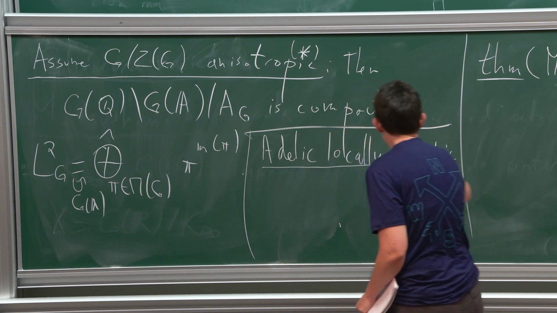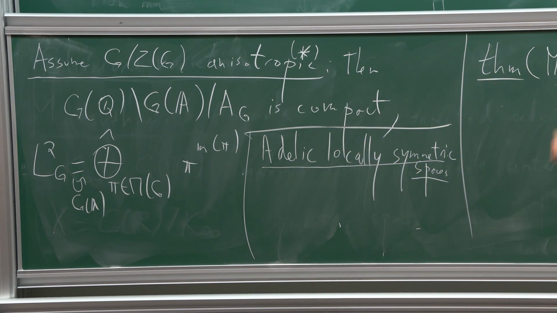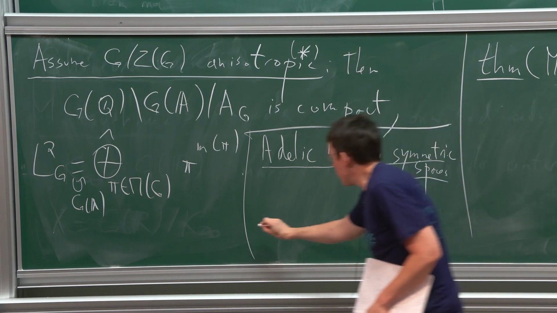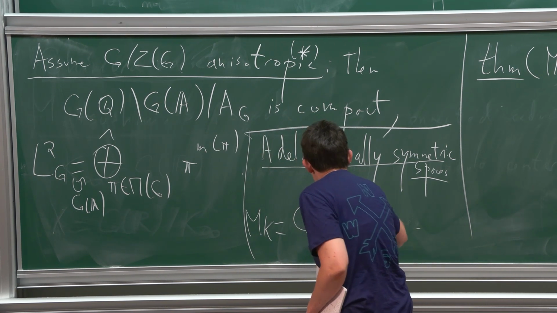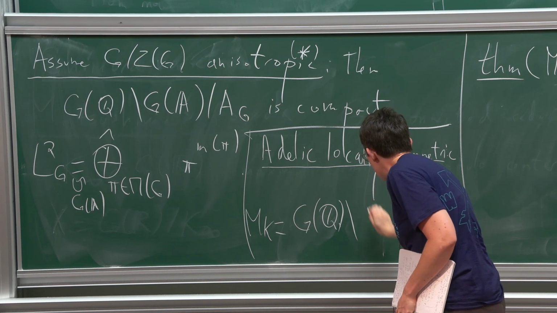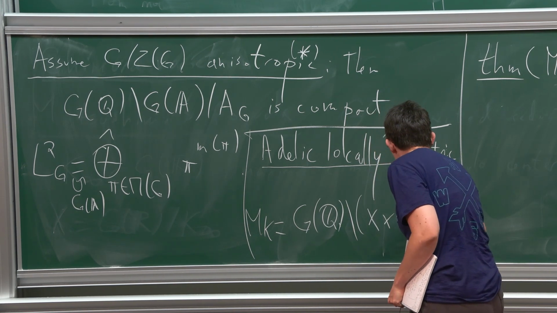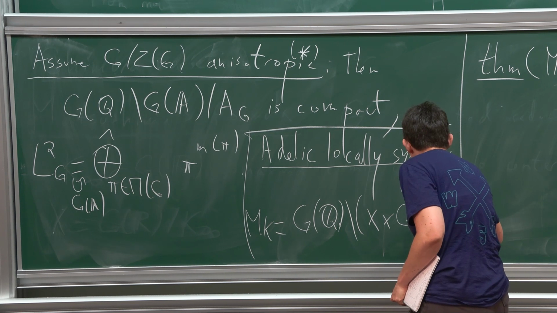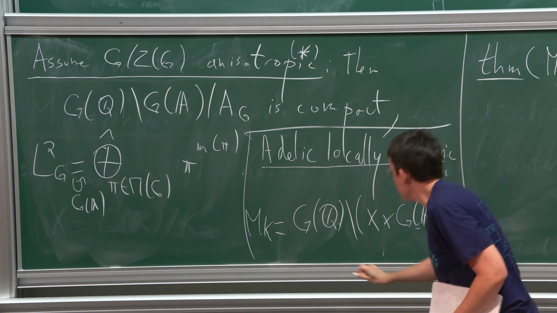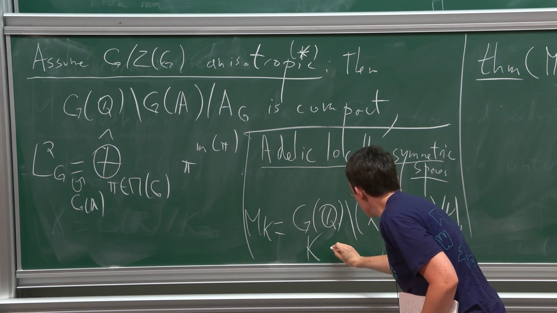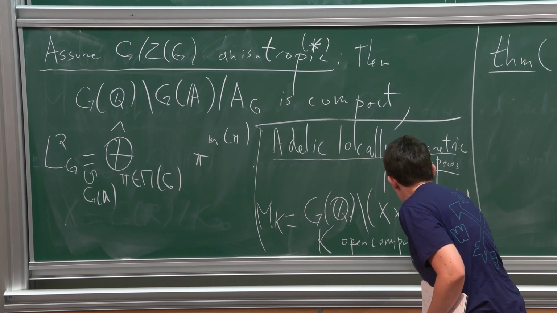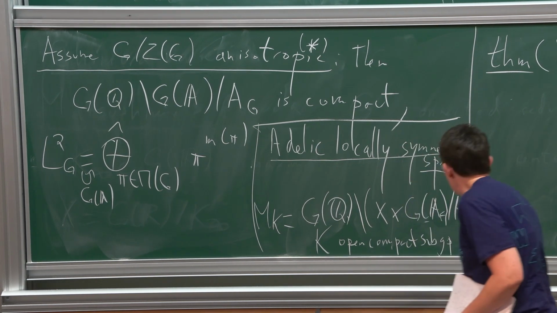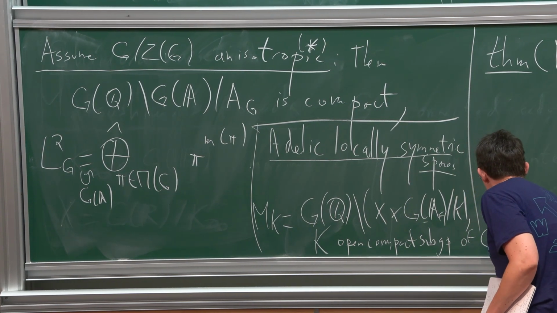So the geometric object, we're not going to use this Gamma under X, we're just going to use a slight adelic variant, which I'll call M_K. So M_K is this thing, where K is an open compact subgroup of the finite adelic points.